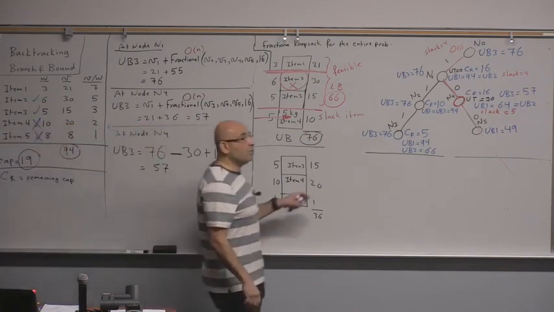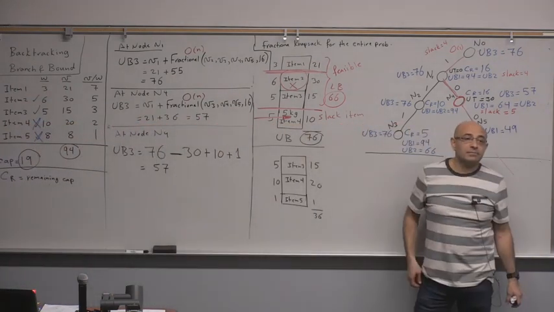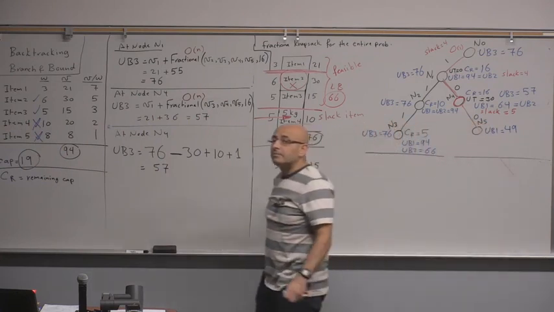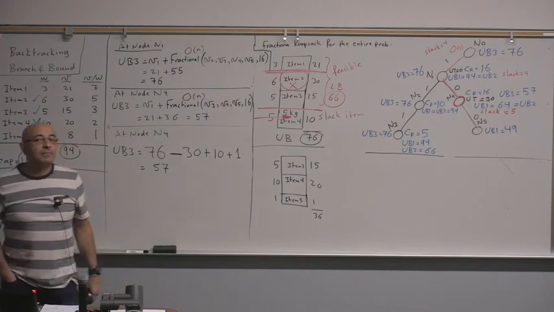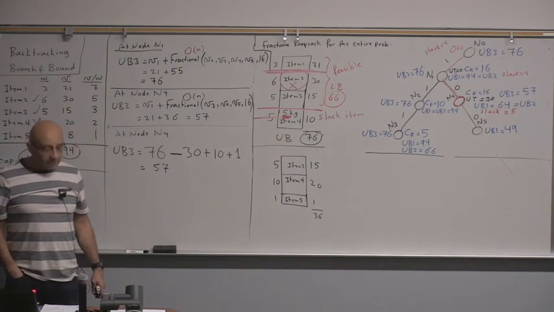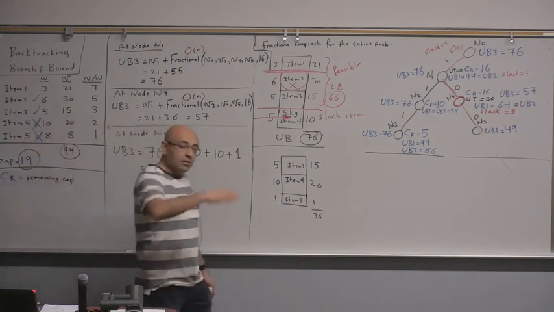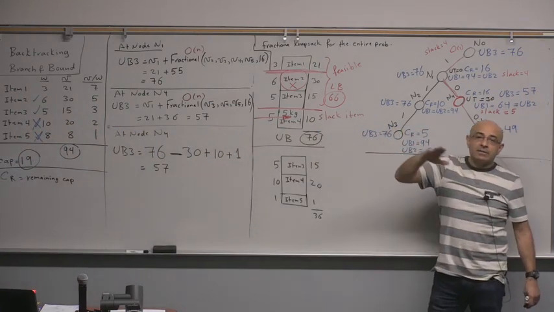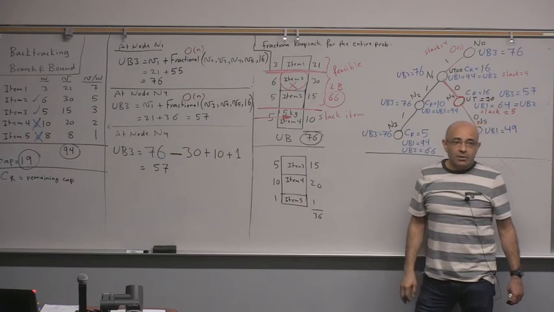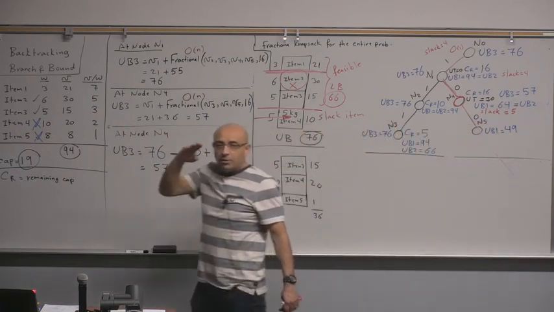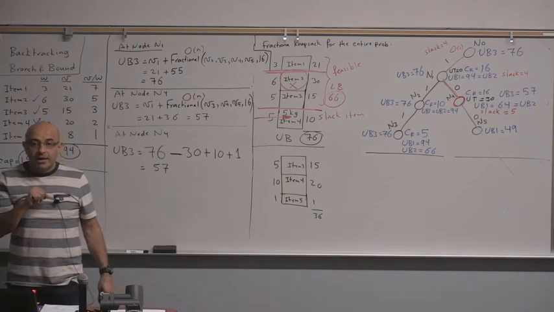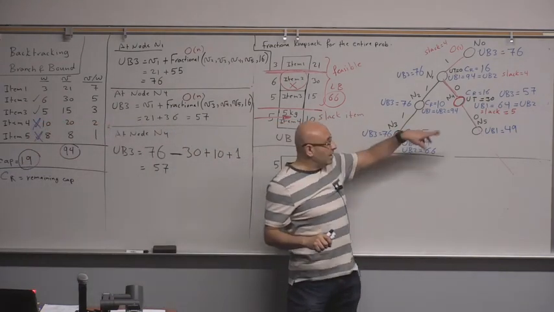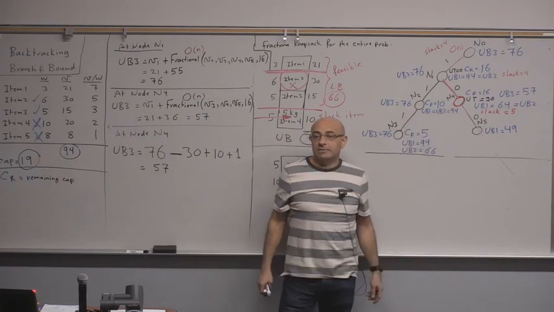Can we say that we are doing worst case O of 1 at each node? No, we cannot. Why not? Because couldn't you still be going through multiple items? Exactly, because you can potentially go through multiple items. You will not necessarily go through a constant number of items. So we cannot say that the worst case running time at each node is O of 1.